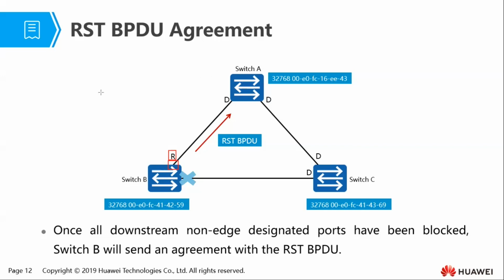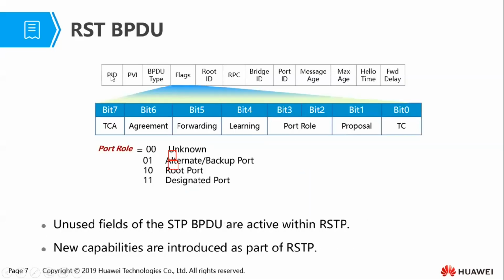And therefore, again, here on the RSTP BPDU, we are going to set this port role here to 10, because that is the root port. So other than setting the agreement bit, we're also going to set the port role bit. Okay.